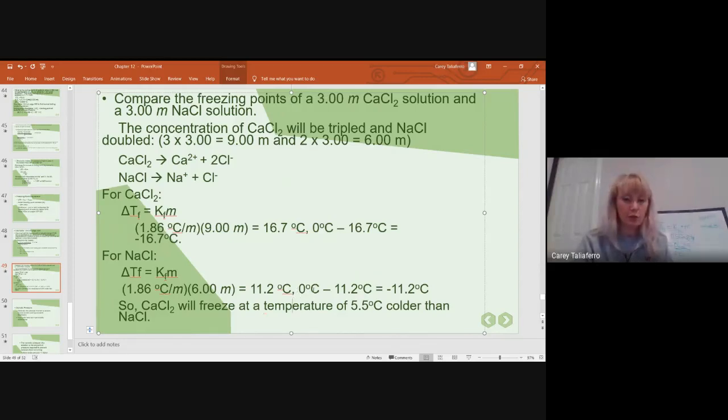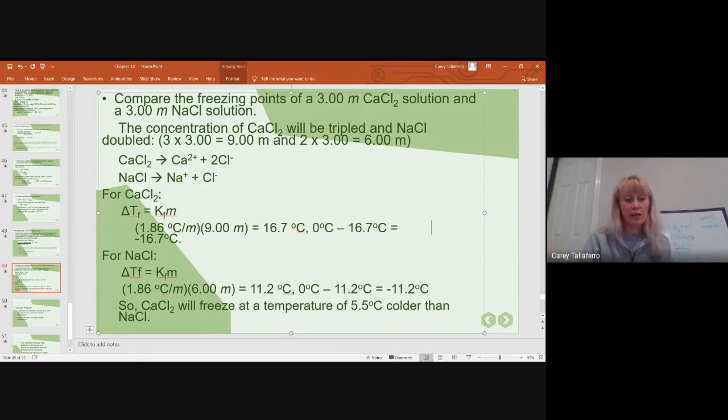Then I subtract, the normal freezing point of water minus how much it's depressed by, and 11.2 degrees Celsius is what the freezing point would be if I put that molality of salt solution on some ice. Okay, so it would freeze at 11.2 degrees below zero with that molality of a NaCl solution.